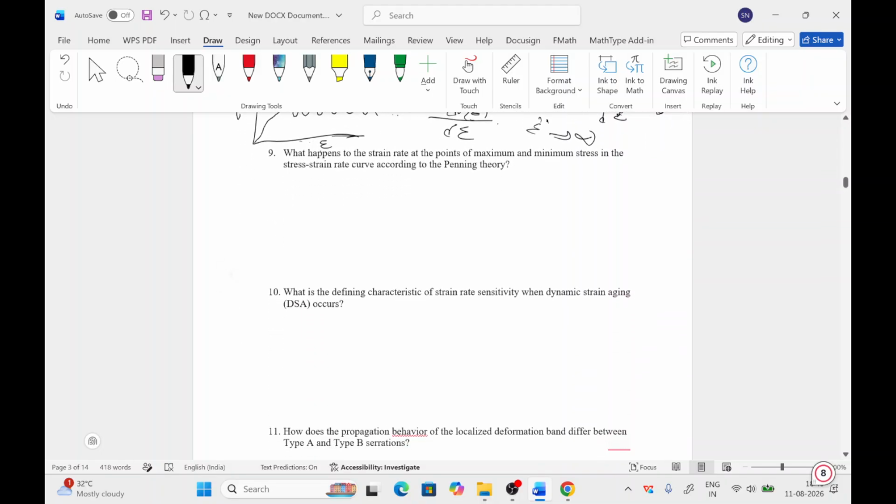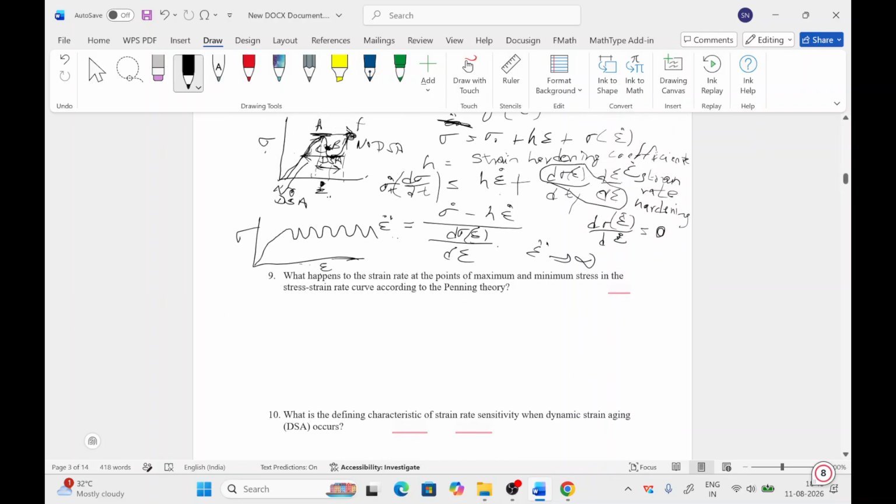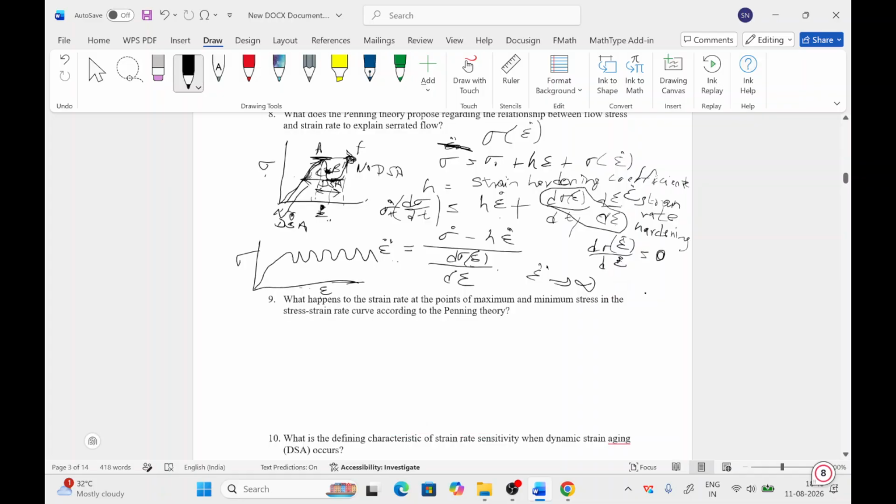Next question is, what happens to the strain rate at points of maximum and minimum stress in the stress-strain rate curve according to the pinning theory? At the maximum and minimum points, epsilon dot goes to infinity because the strain rate hardening is zero.